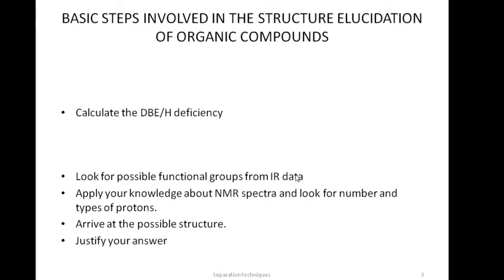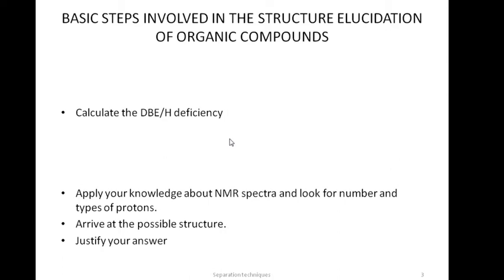Look for possible functional groups in IR. There is no IR data, so we do not know that. What has been given is only NMR spectra, so we have to find out the different types of protons from the NMR spectra. We have to calculate double bond equivalence or hydrogen deficiency. We have previously seen you can use both formulas, and one among them is sufficient.